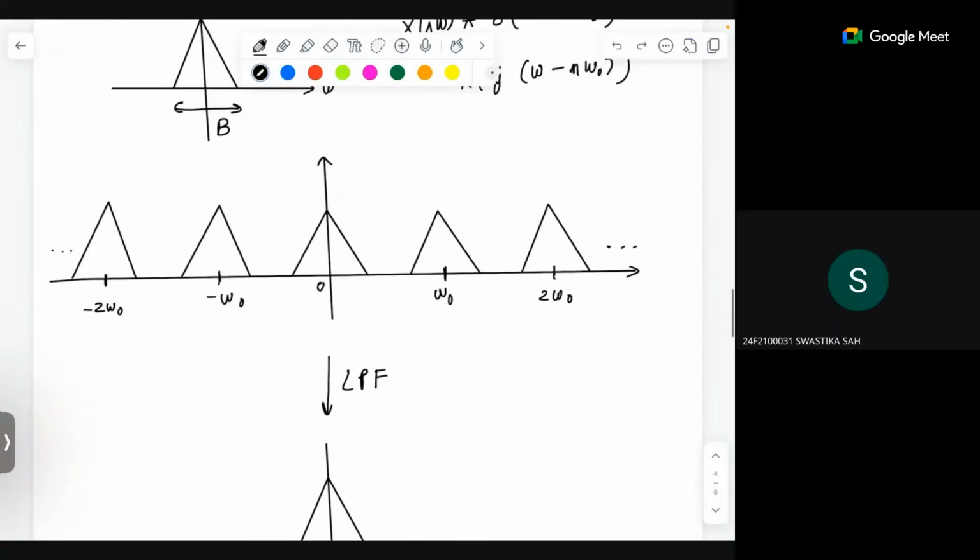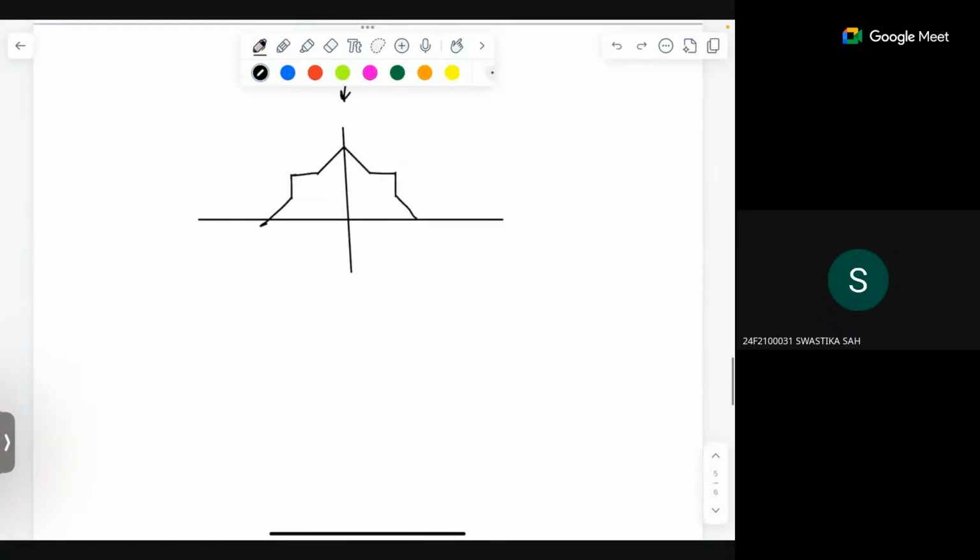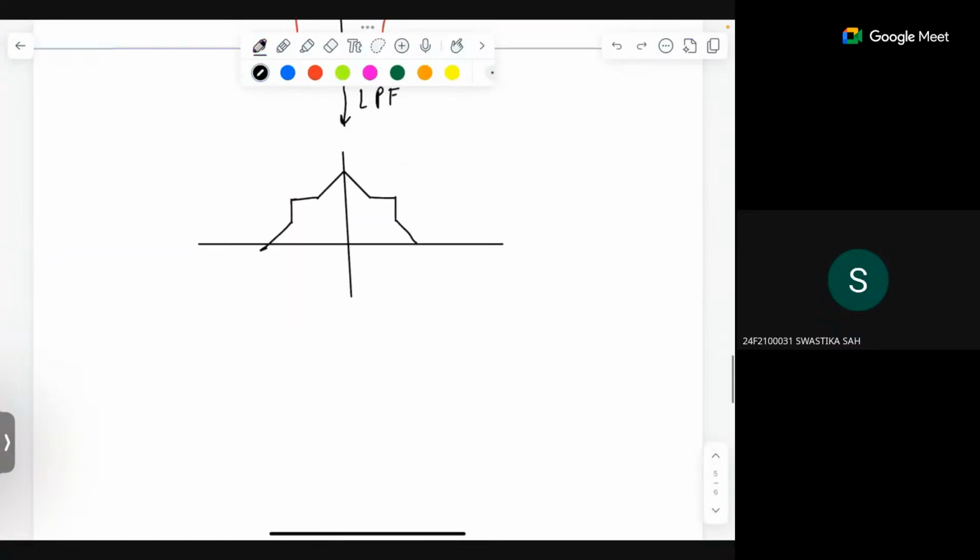So what we want is that this ω0, this gap, should be greater than this B to avoid this overlap. I will just write it down. ω0 should be greater than B to avoid aliasing.